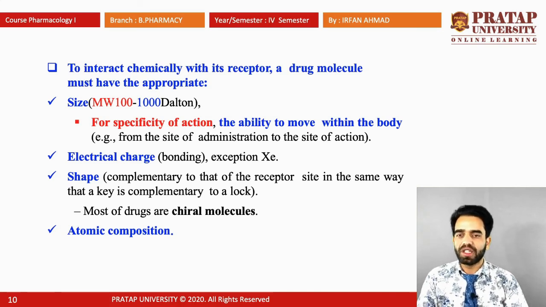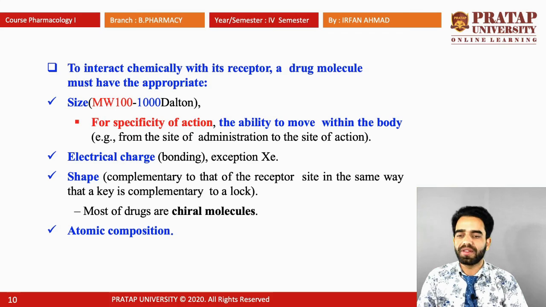Electric charge is also needed, because there must be bonding. Shape must be complementary to that of the receptor, like the lock and key hypothesis we must have heard about. Most drugs are chiral molecules, meaning one carbon atom is attached to four different atoms or groups of atoms.